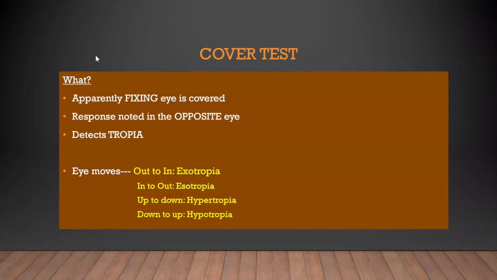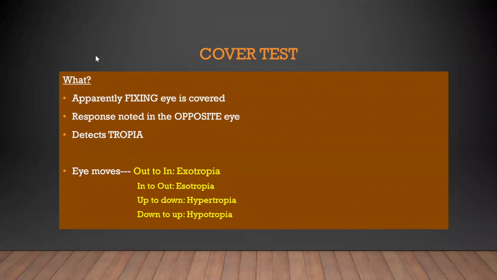Manifest means it's there. How do you detect it? If you see that the non-fixing eye is moving from out to in, it is an exotropia. In to out is an esotropia. Up to down, or down to up, is a hypertropia.